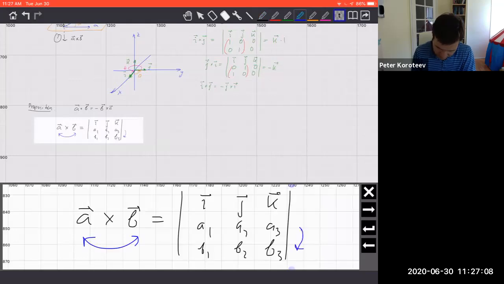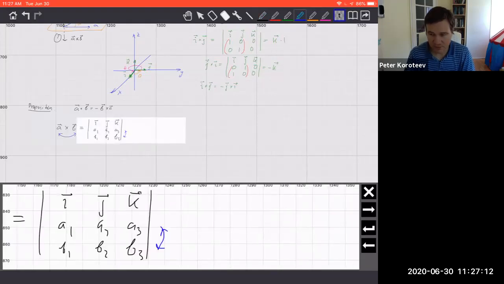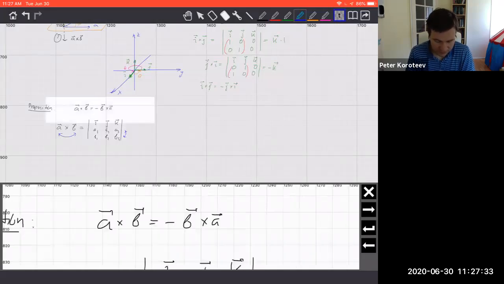You are swapping two rows in the matrix. What happens with the determinant if you swap two rows of the matrix? Yes, absolutely. That's why it's true. It's as simple as that. It follows directly from the definition and from the properties of the determinant.